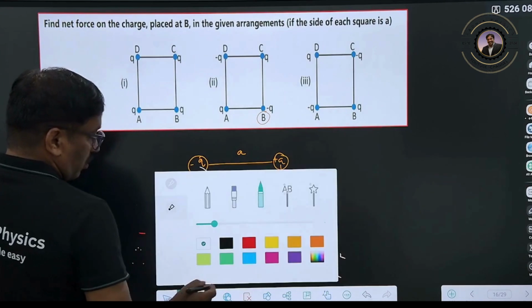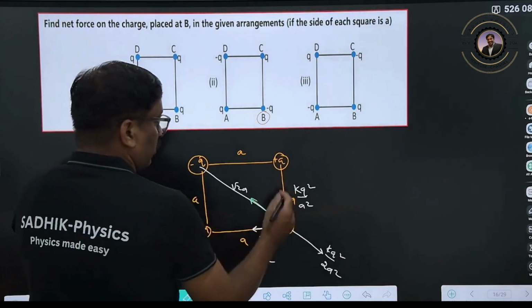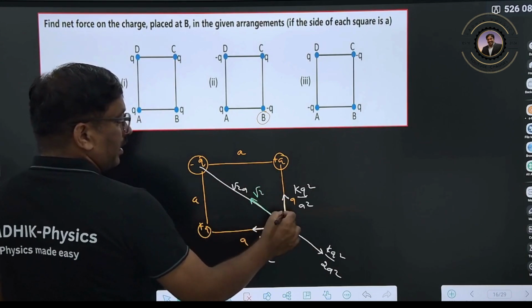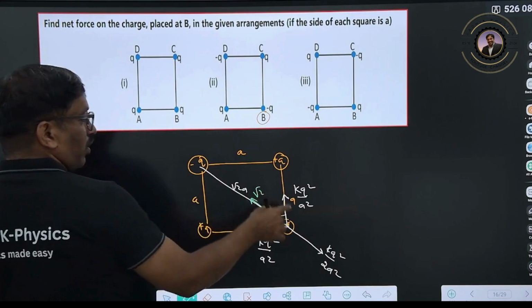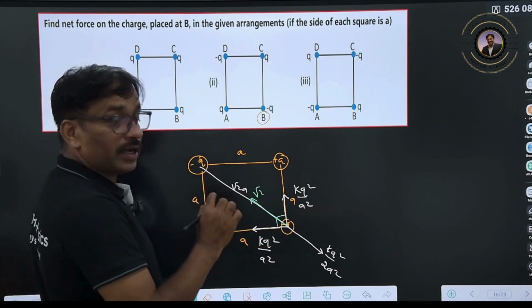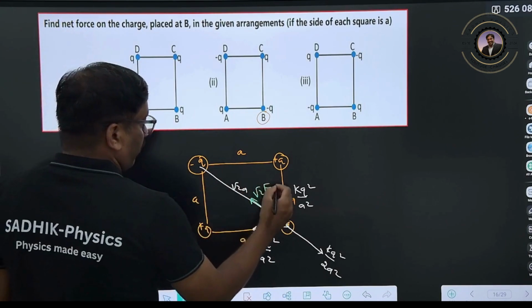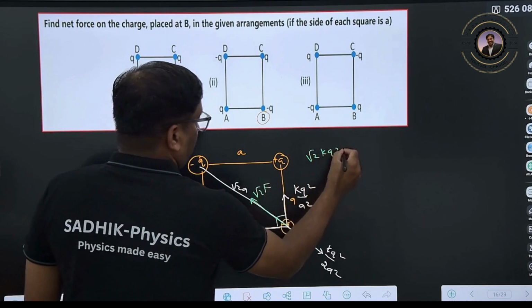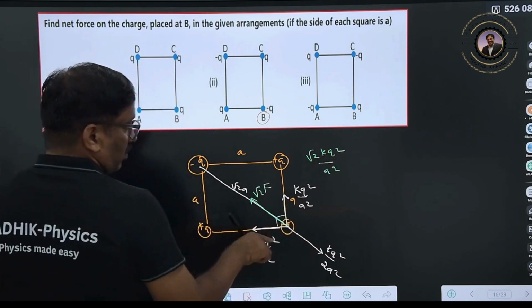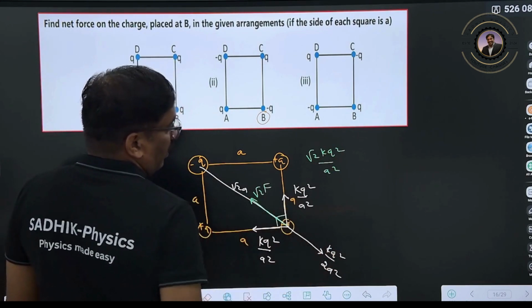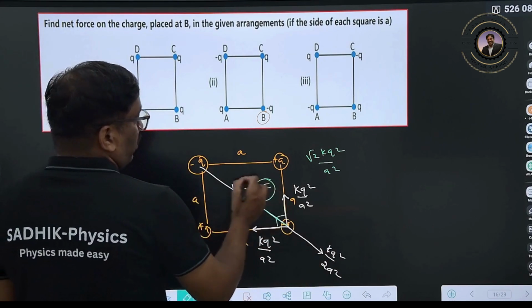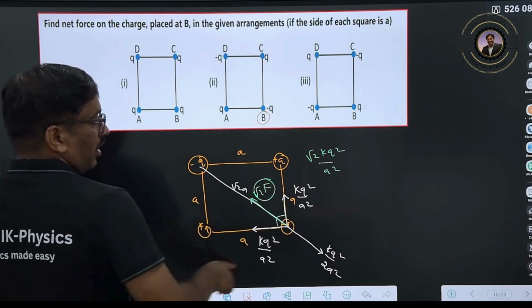Because of these two forces, with the angle being 90 degrees, when two identical forces act at 90 degrees, the resultant is root 2 into F. So let us write root 2 into kQ squared by a squared, this force, and this other force is kQ squared by 2a squared. So root 2 into F is the greater one compared to this.